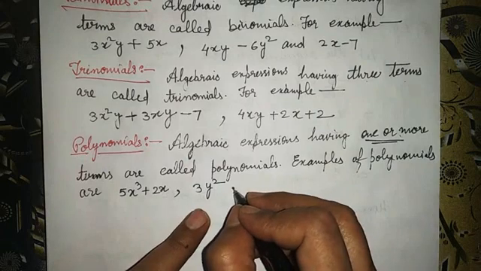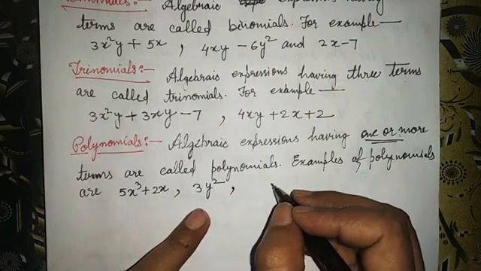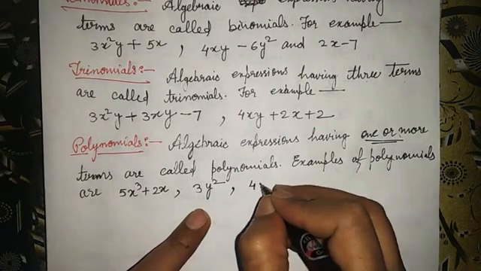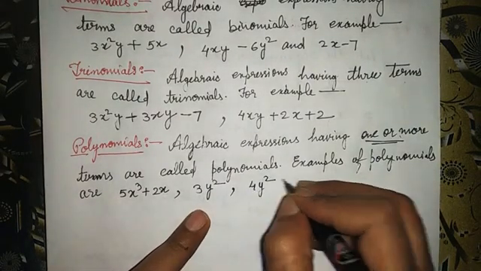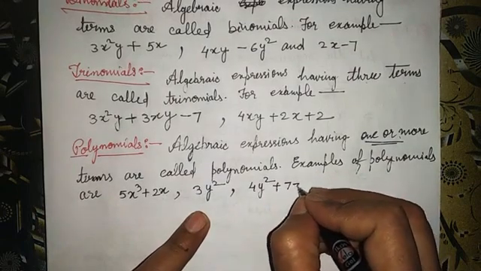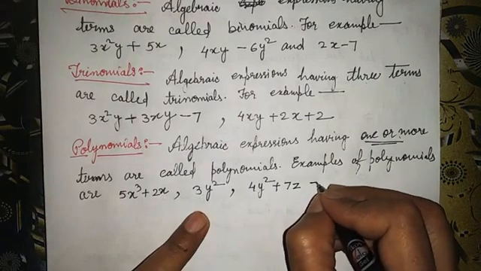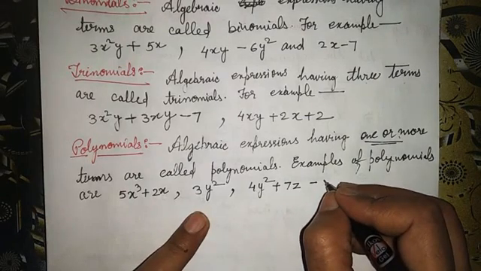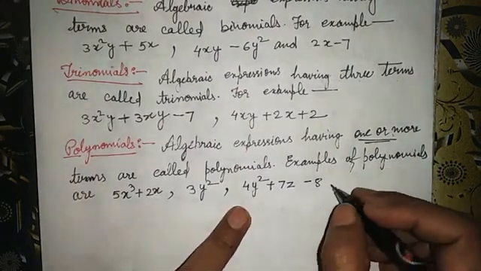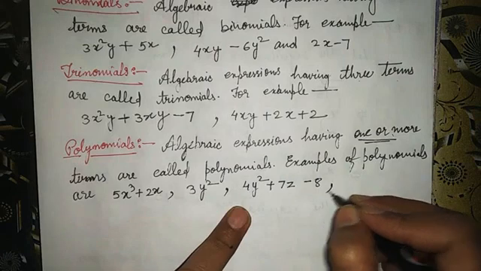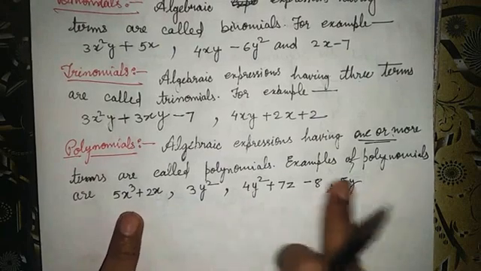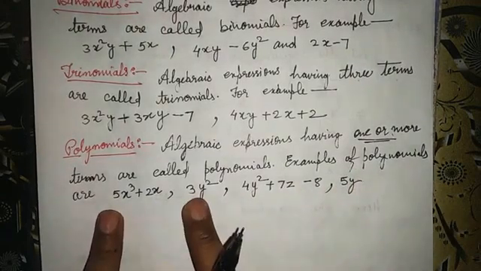And one more example: 4y square plus 7z minus 8. And see one more example: 5y. These are the examples of polynomials.